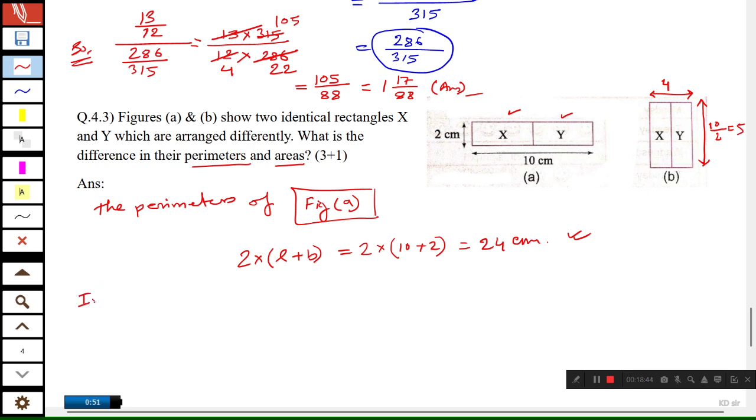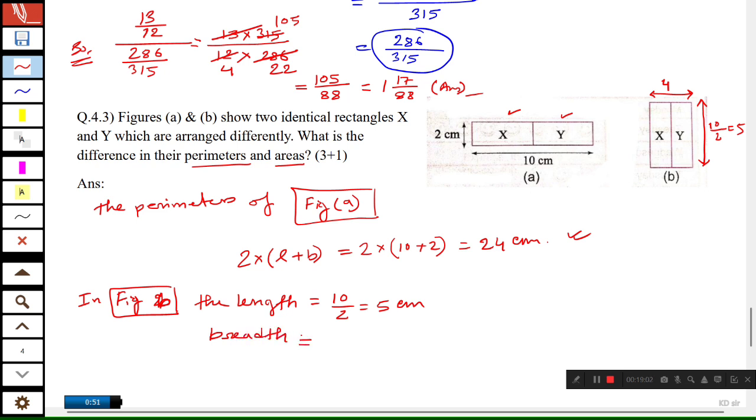Okay, so in figure B, the length is equal to 10 by 2, equal to 5 centimeter, and breadth is equal to 4 centimeter. Breadth is 2 plus 2, because one rectangle's breadth is 2, so 2 plus 2 is 4.